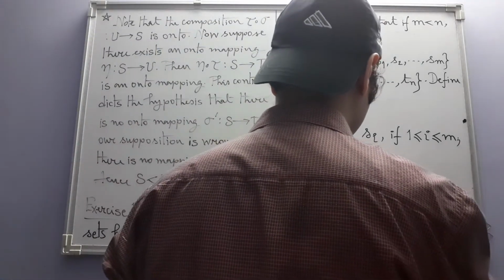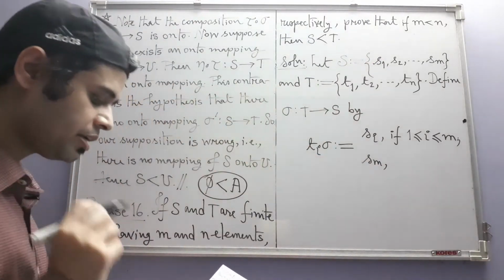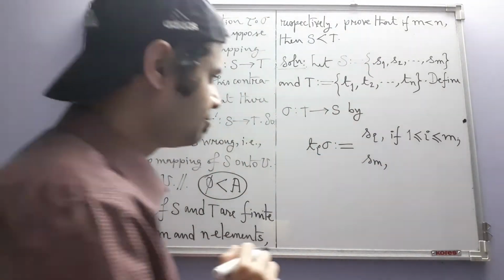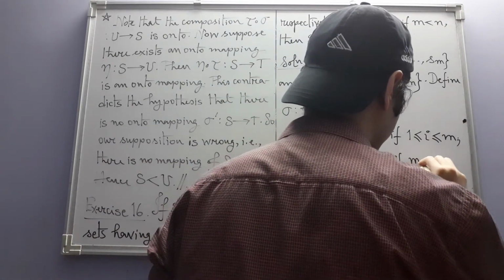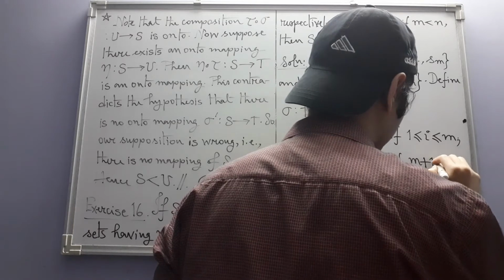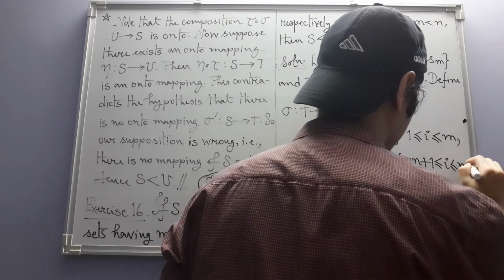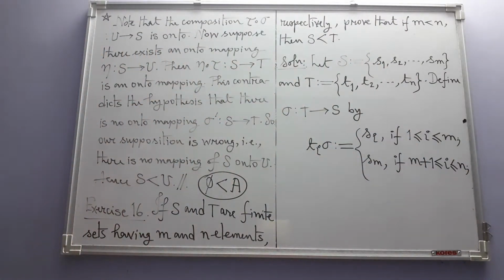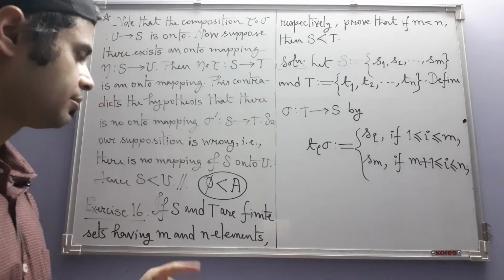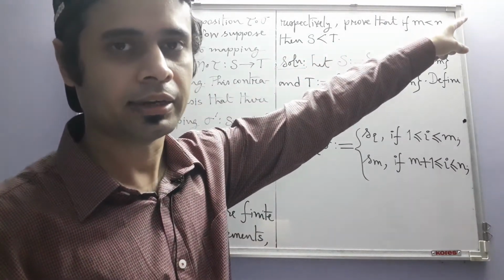Okay, and the image is Sm if i lies between m plus 1 and n. Okay, keep in mind that this condition is given to us, m is less than n.